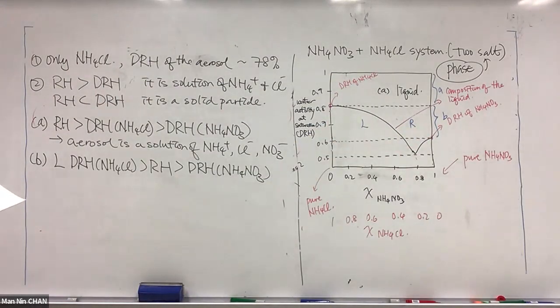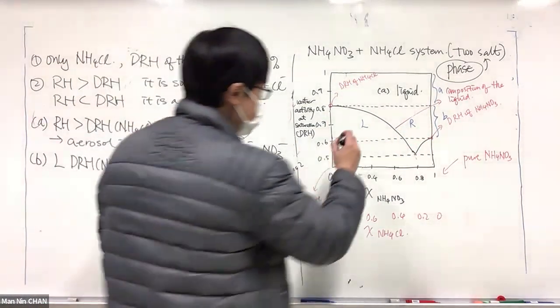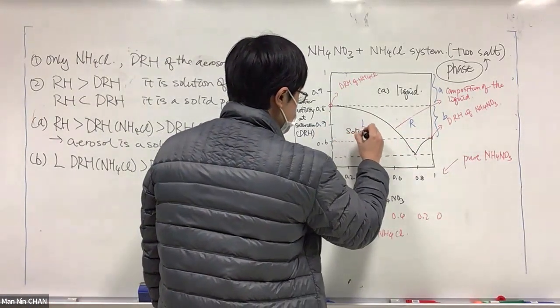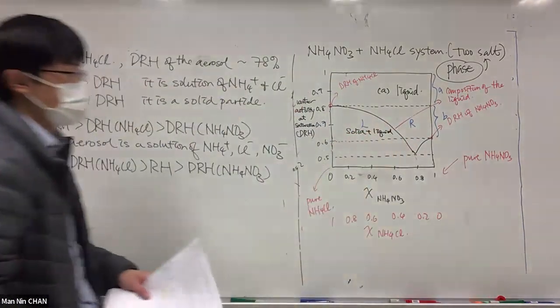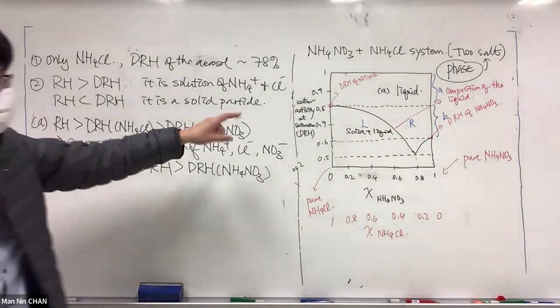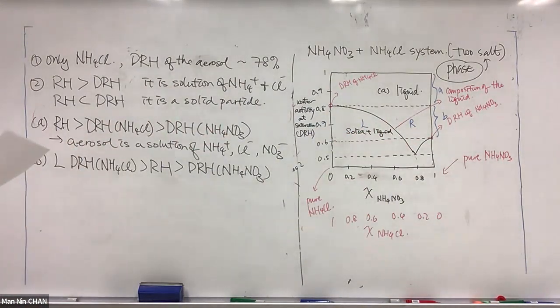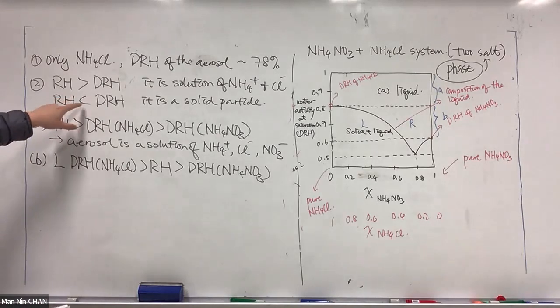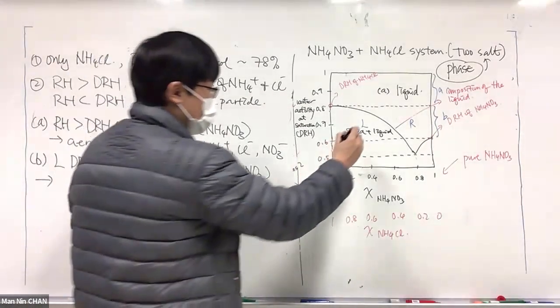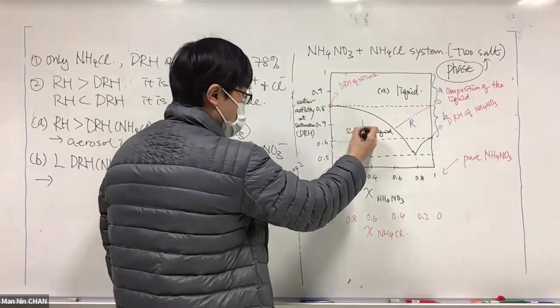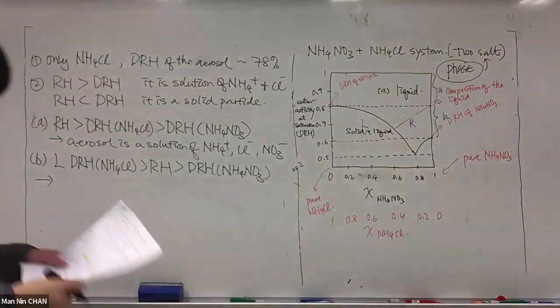So what will happen in this case? You know that there will be some solid plus liquid, right? Because if you remember, below the DRH of my ammonium chloride, I will have some solid. If my RH is below the deliquescence point, you will have some solid here. So in this region you will have some solid together with the liquid, that means together with the solution.